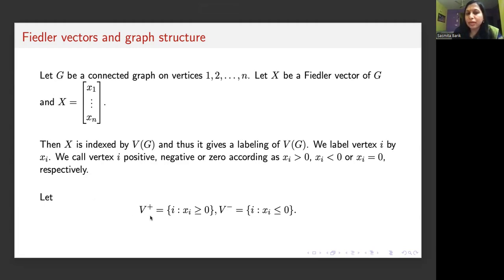One set is V plus, which contains all the vertices with xi greater than or equal to 0. Similarly, I'll define V minus, which contains all the vertices with xi less than or equal to 0, that means negative or 0.